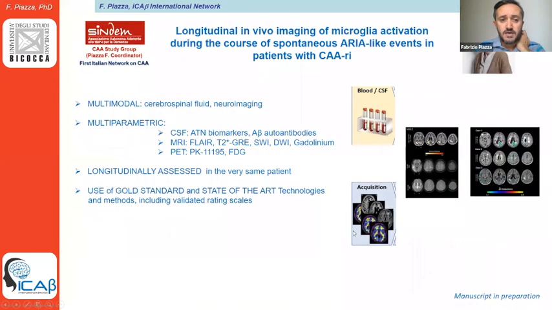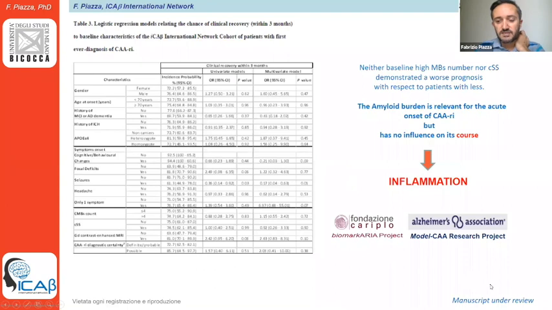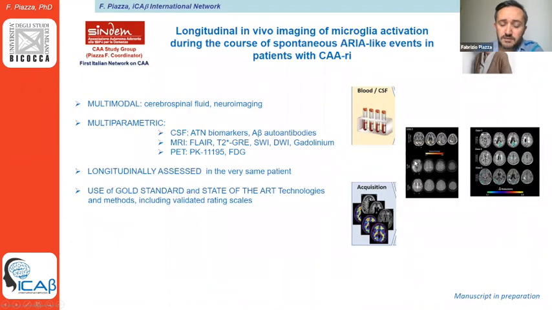This manuscript is currently under review and hopefully will be available soon. But this manuscript also generated a further study, for which we are now preparing the manuscript, where we try for the first time to evaluate longitudinally the in vivo imaging of microglia activation during the course of spontaneous ARIA-like events in these patients.